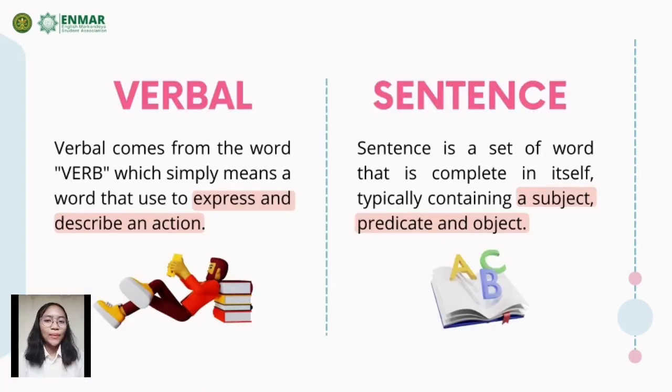Today I will explain about the verbal sentence. Have you heard about the verbal sentence? Before that, you must know the definition of verbal and sentence. Verbal comes from the word verb, which simply means a word that is used to express and describe an action.